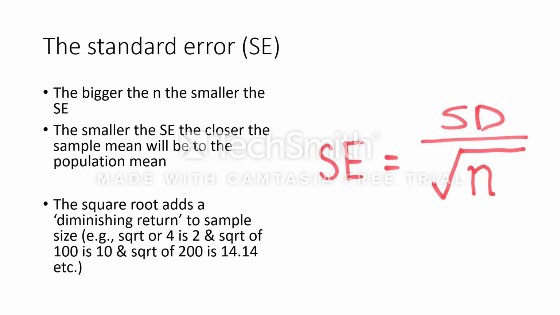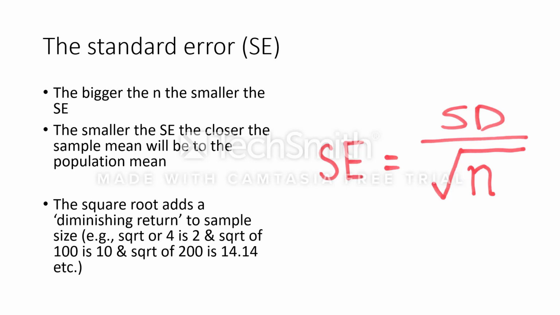So if you had a very small sample and you took the square root, for example, if you had an n of 4, then the square root's going to be 2. So with small samples, it's reducing the number quite dramatically. It's reducing it by 50%. And we know that when we reduce numbers and we divide by less, we end up with a bigger product at the end.